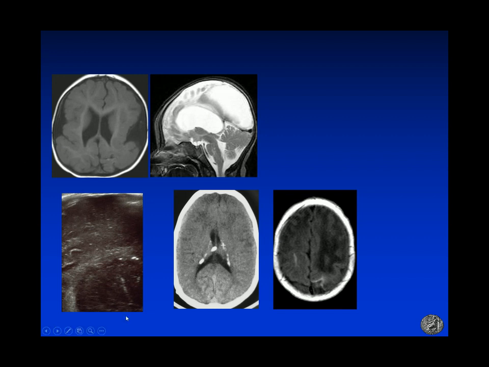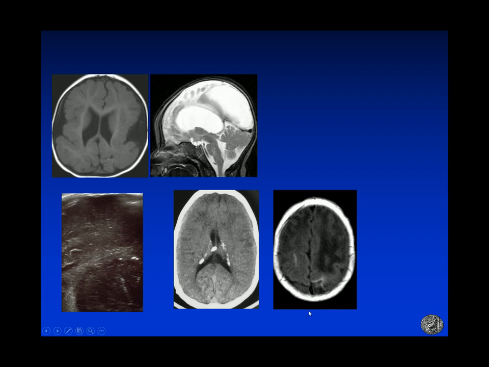Here is a mineralizing vasculopathy, and the baby contracted CMV infection. And here a CT scan with periventricular calcifications here and there. This is not a calcification, this is a valve. The baby was suffering from hydrocephalus, and the valve was positioned to drain the hydrocephalus.